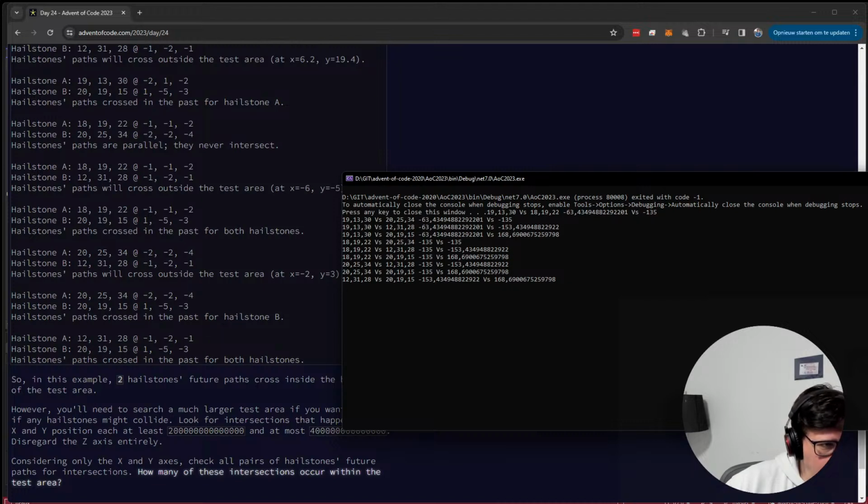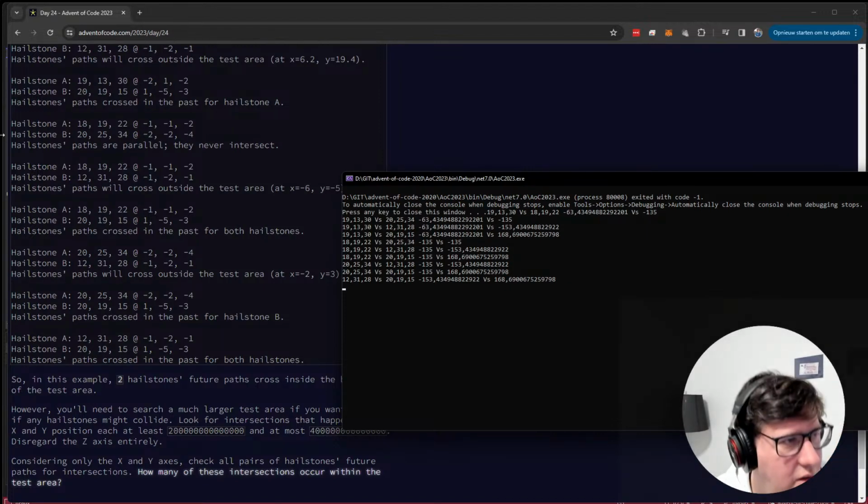This is interesting. Path crossed in the past for hailstone B, and this is for both hailstones. What? How can the path be crossed for one but not the other? That's an interesting way of writing this that I don't understand yet.